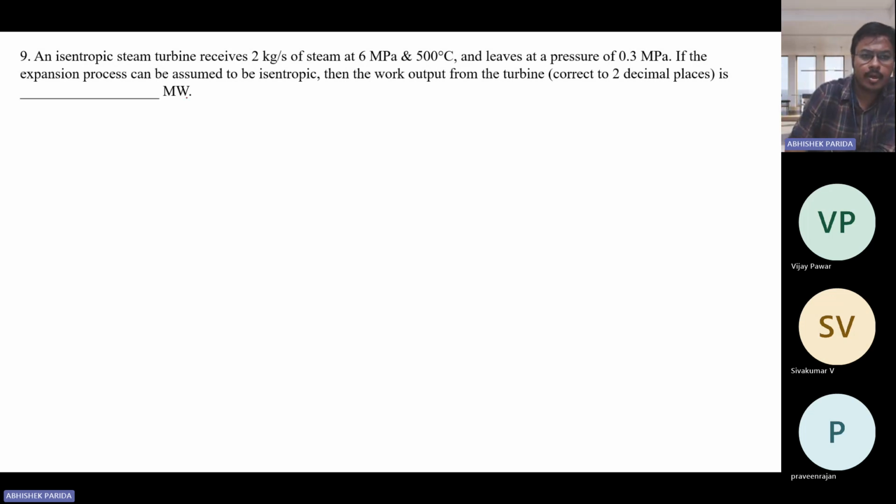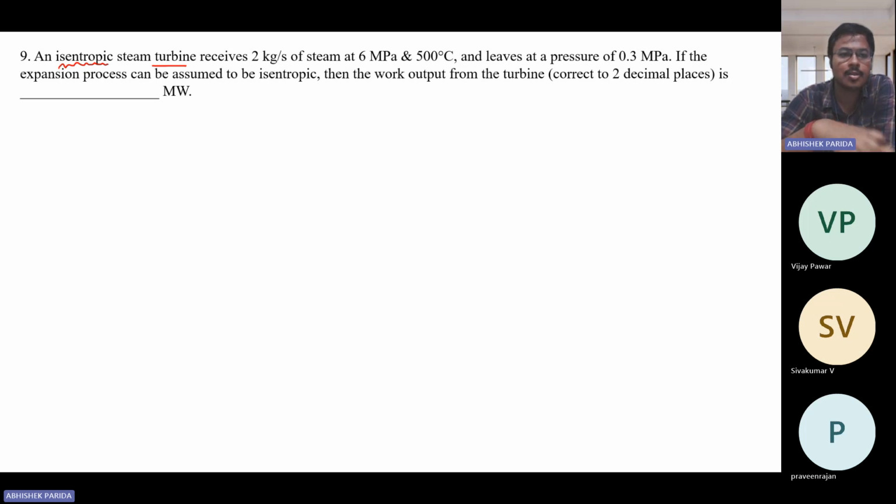So let me start. Any question will have some keywords and we have to follow them. It is saying an isentropic steam turbine. So first thing is isentropic, then it is a steam turbine. From both of these we know that if there is a turbine, there will be expansion.